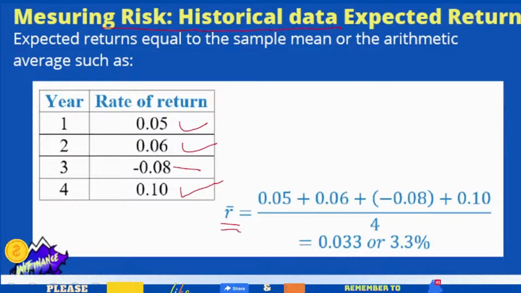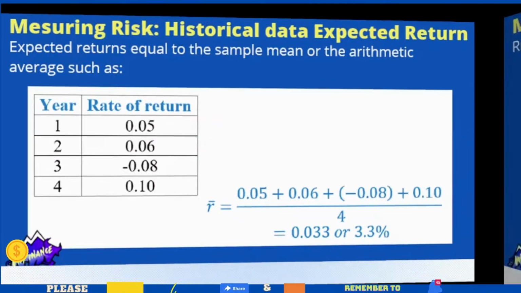Simply take the average of all the numbers, and here the result is 0.033 or 3.3%. So if you believe that history will repeat itself going forward, then if you were to make this investment, you can expect to earn about 3.3%.